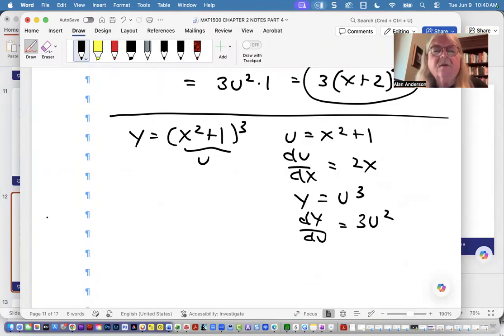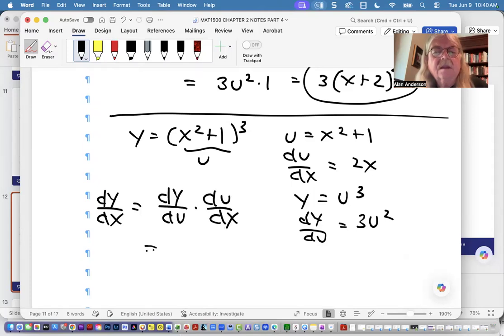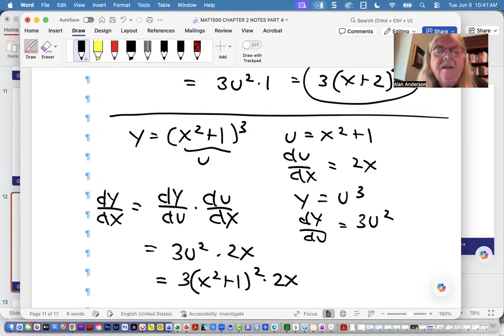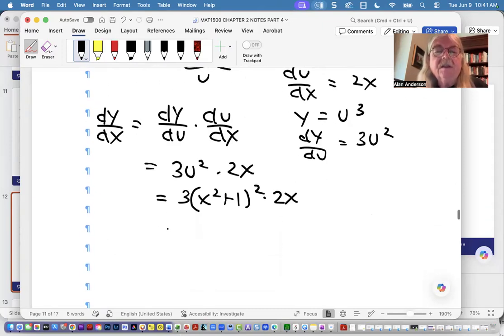So therefore, 3u squared times 2x, and this is our final result. You can leave it like that, or you can consolidate it.